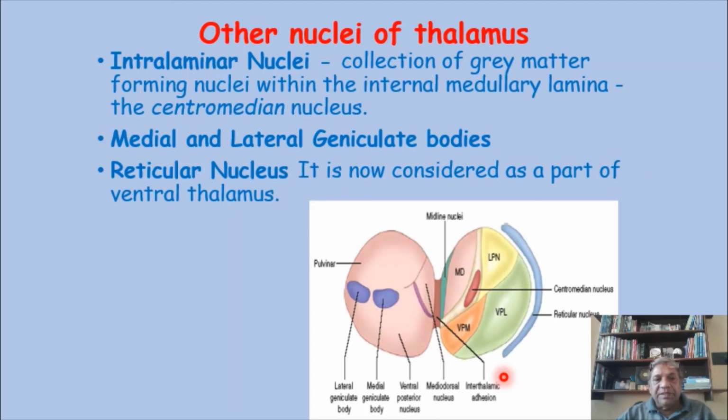This completes the lecture on the external features or external surfaces and their relations, and then the internal structure, where it is divided into anterior, medial and lateral groups of nuclei. Thank you very much for watching this video. I know that it is confusing, but you have to draw it again and again and label it. Then you will be able to understand.